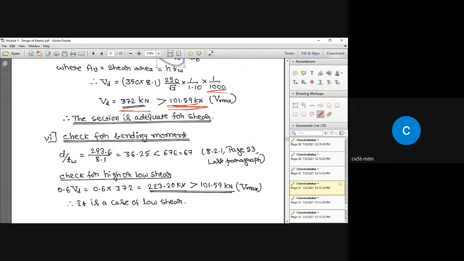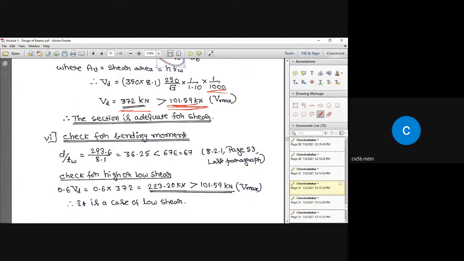We are going to use only that single formula, MD equal to beta B Zp Fy divided by gamma M0, only in case of low shear, and the set of formulas on page 70 only if the beam is subjected to high shear.